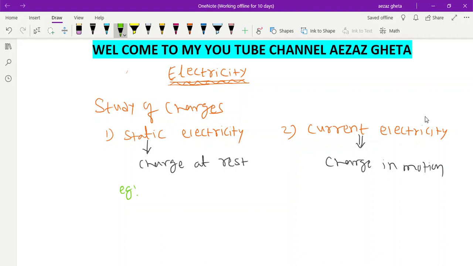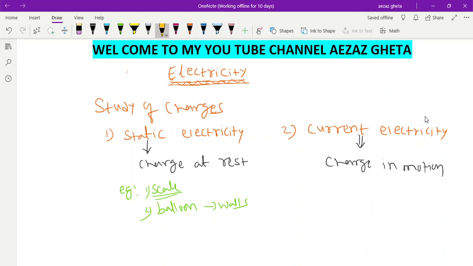Another example is when we rub a balloon on dry hair, it sticks to the walls. These are examples of static electricity.